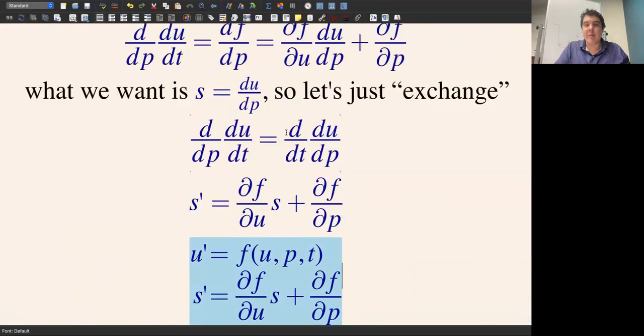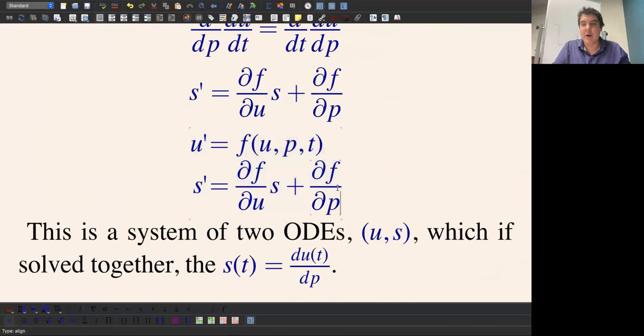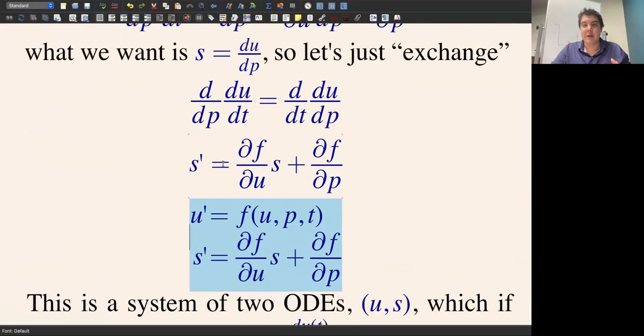So how do you solve this? Well, all I have is an ODE solver. I can't write down analytical solutions to this thing. But what I've done with differentiation is I found that there is this new ODE where if I plug it into my ODE solver, it gives me the derivative of the original ODE as the solution. This is a similar kind of trick in differentiable programming.